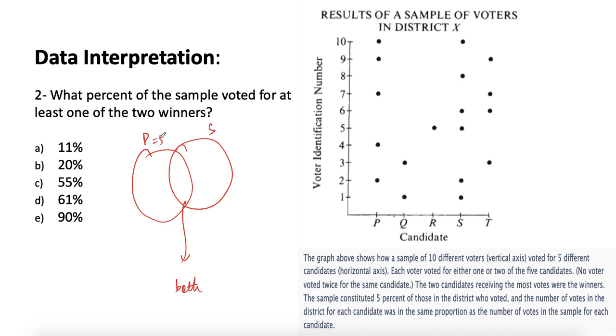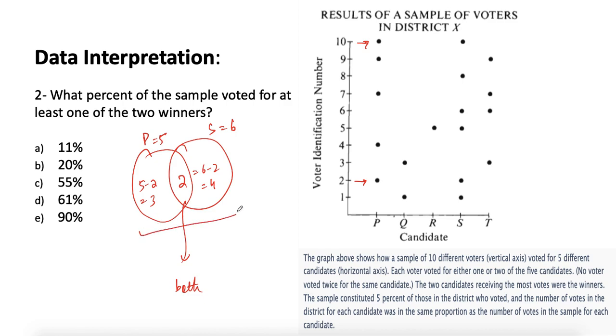That is 5, and for S that is 6. And there are 2 voters, as discussed in the first question, who gave votes to both of these. So votes cast only for candidate P will be 5 minus 2, which is 3. And for S that will be 6 minus 2, which is equal to 4.